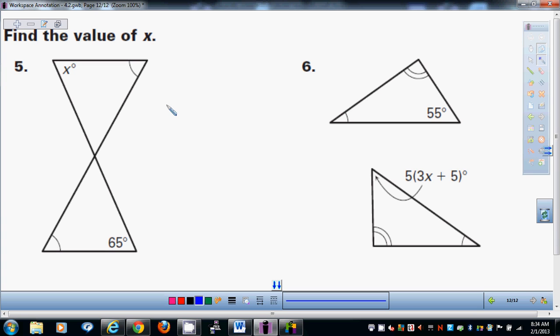These are vertical and are therefore congruent. See how this kind of forms a bow tie turned on its side? We're going to be looking at this bow tie shape a lot this semester. Every time we have it, there's going to be vertical angles that you can assume are congruent by the vertical angle theorem. So these are congruent, these are congruent, and the only other pieces left to be congruent are x and 65. That's the kind of logic you're going to need to be able to use.